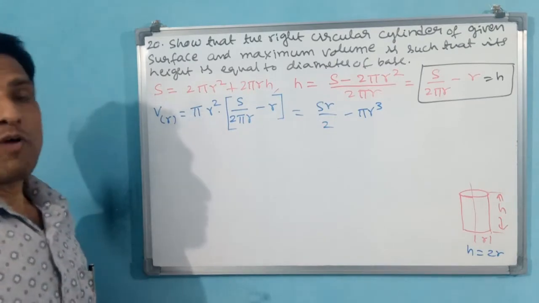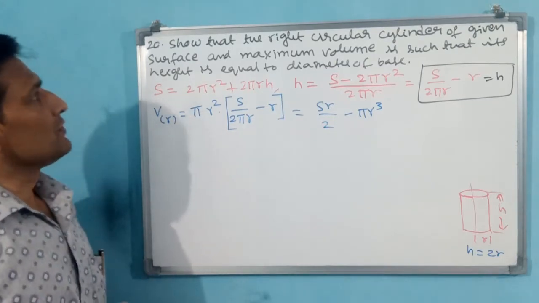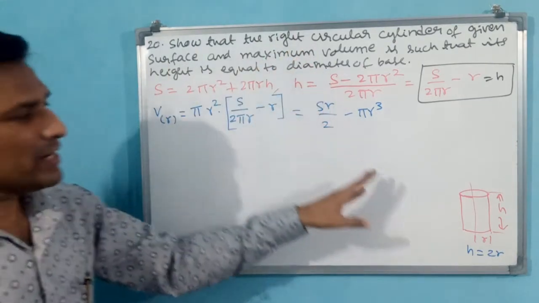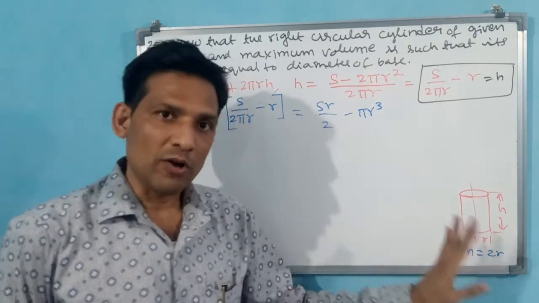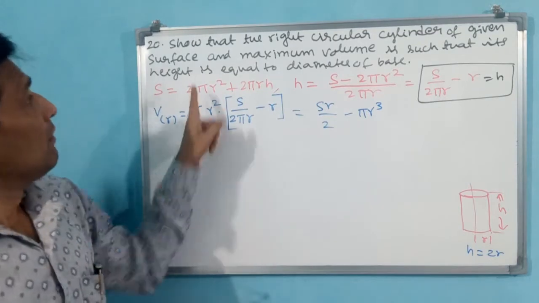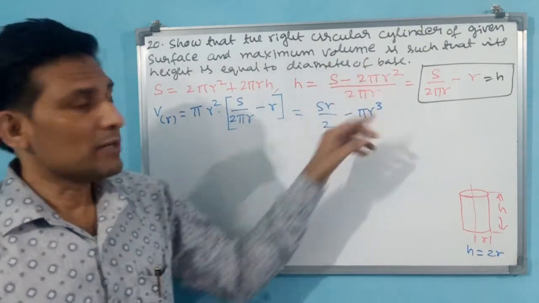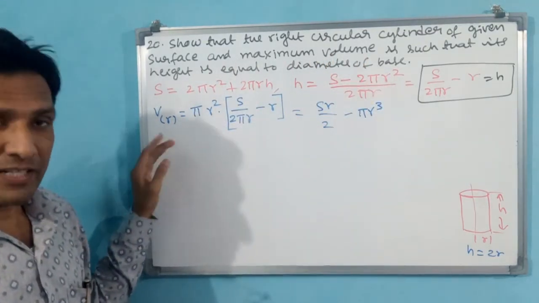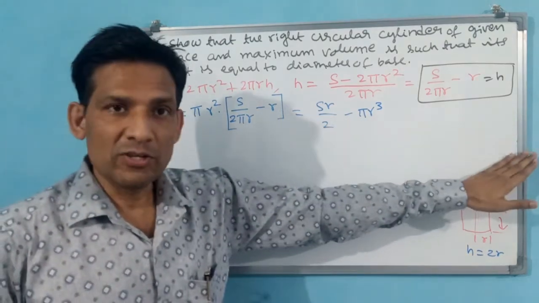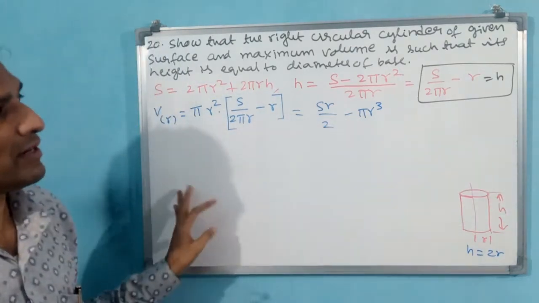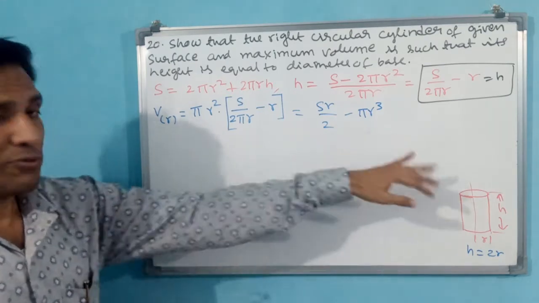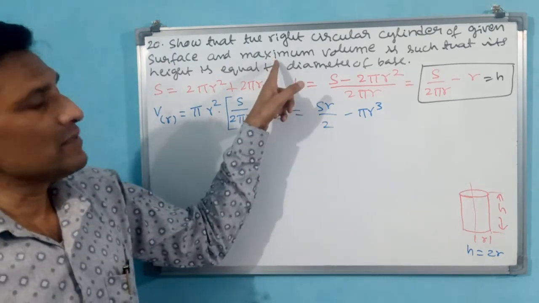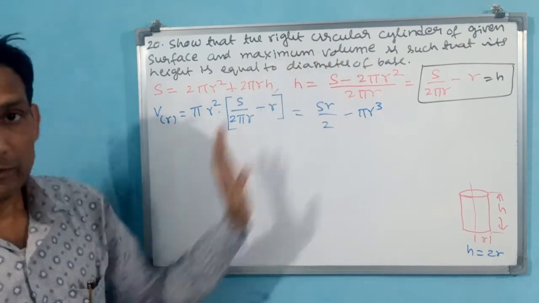Now what is our motto? We have to prove that height is equal to the diameter of the base, which means h is equal to 2r. Maximum volume is also asked, which means for the volume you make the first derivative, find the r value and keep it aside. Then the second derivative, substitute that r, which should come less than 0, then only it is maximum volume.